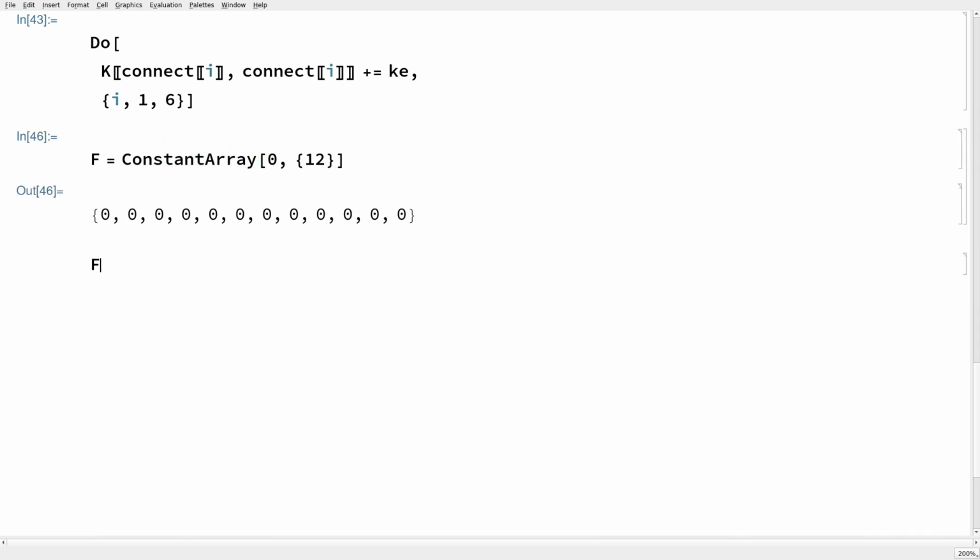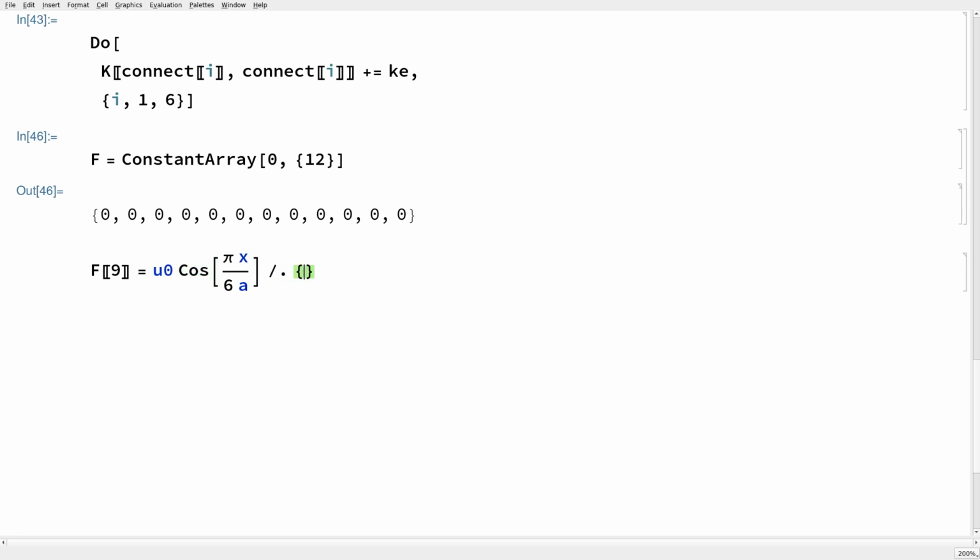Okay, and so then f at node 9 is equal to u0 times the cosine of pi times x, well, I'll leave it as x for now, over 6a, right?